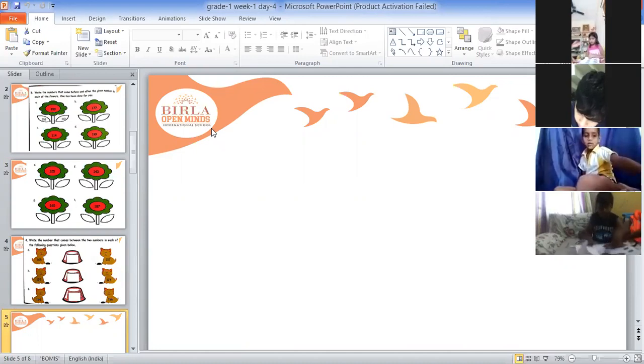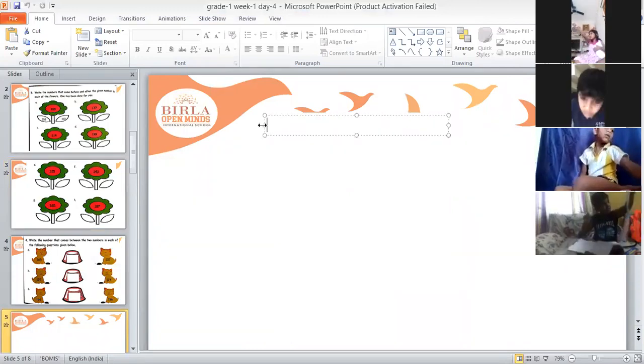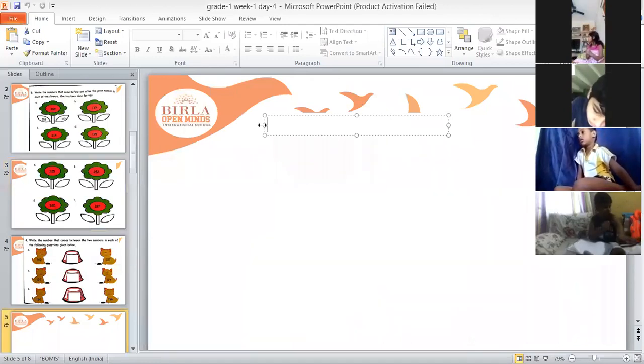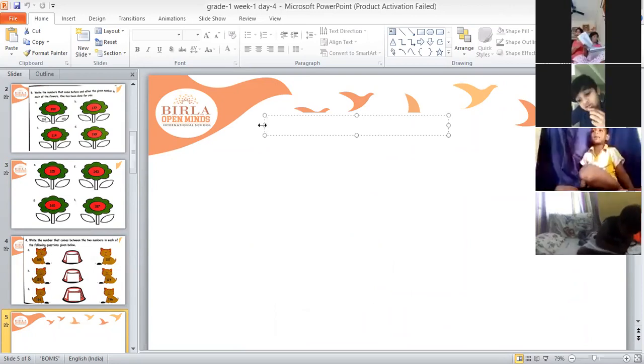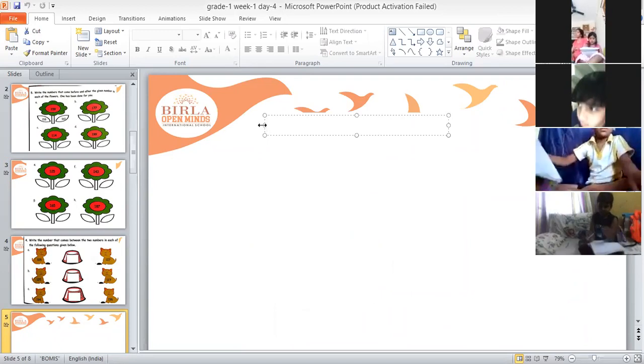Write date and classwork in your math notebook. Yes, children? And now start writing. Ansel Raj, take out your math notebook. Children, write date and classwork in your math notebook. Leave a line.